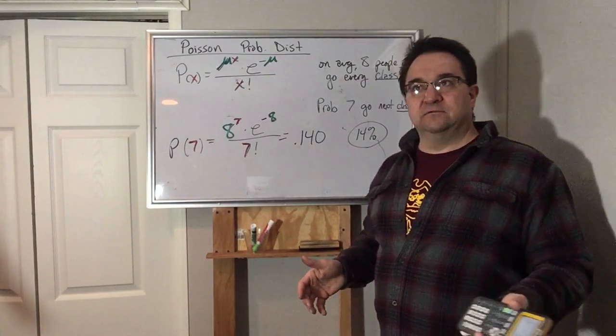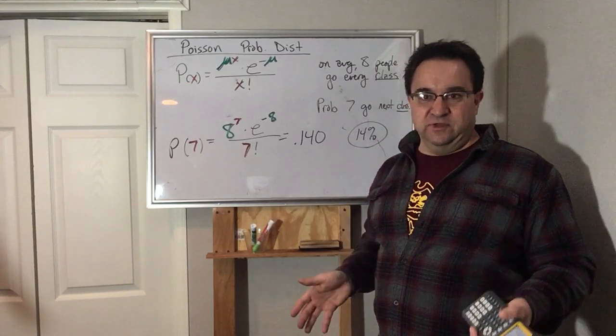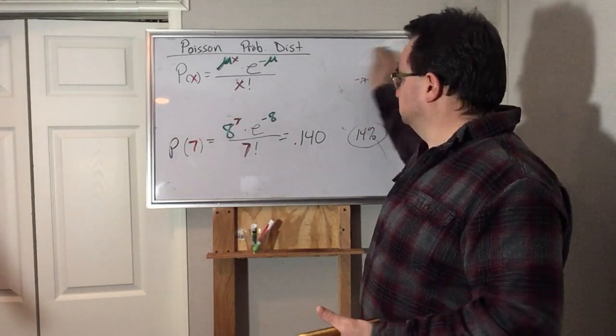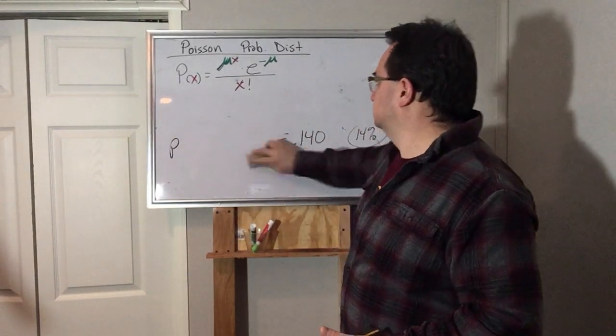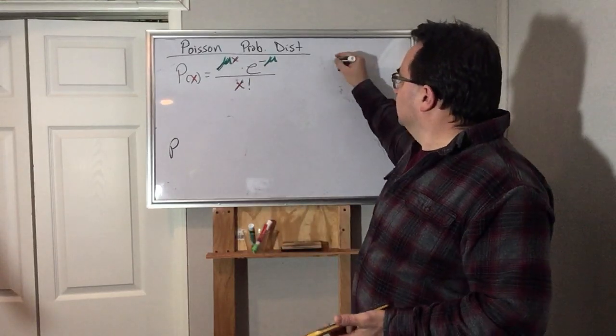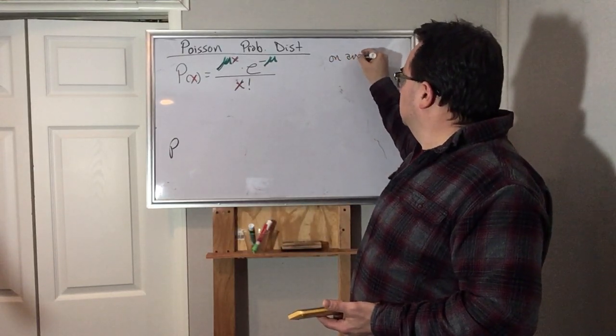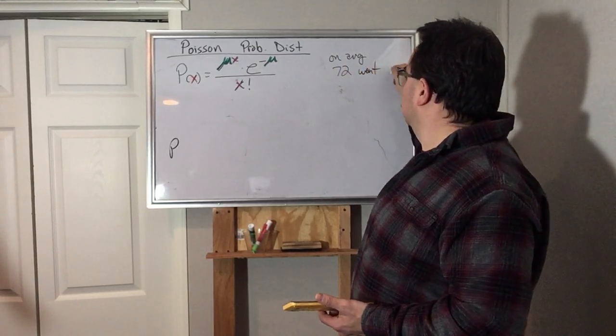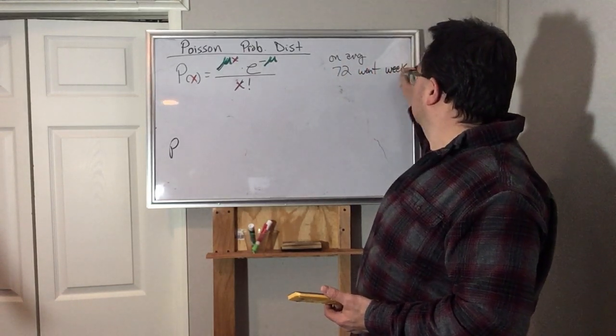Well, our next one was 72 in a week. Let's see how that plays out. So remember, on average, 72 people went to the bathroom per week.